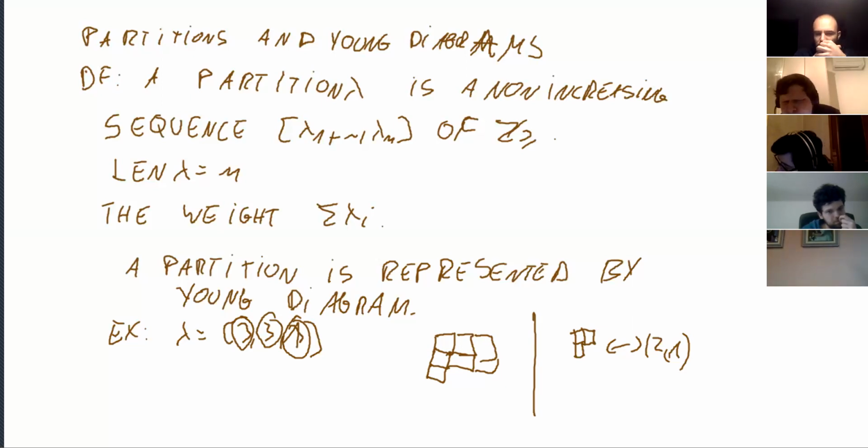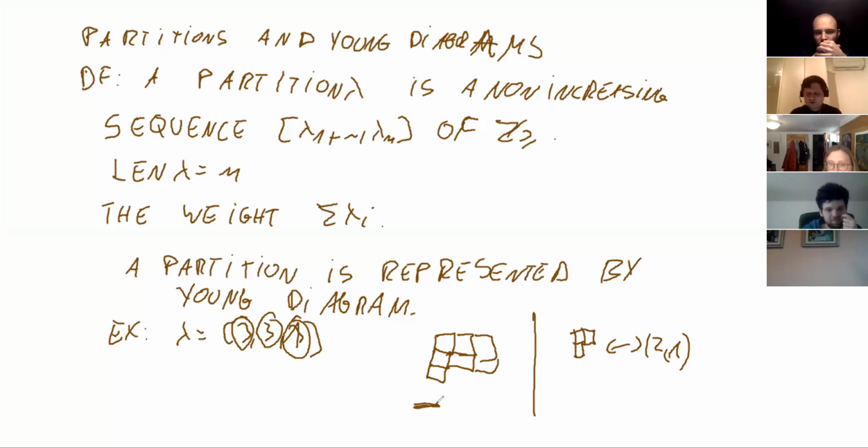Okay, so we continue. You mentioned 0. How would you draw 0? No, you don't draw 0. So you somehow have to say how many rows you want this to have. Or otherwise, you would have to exclude 0 from your partition.